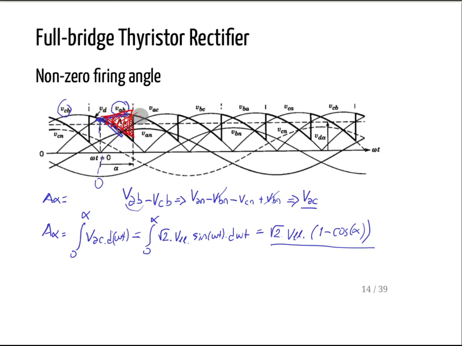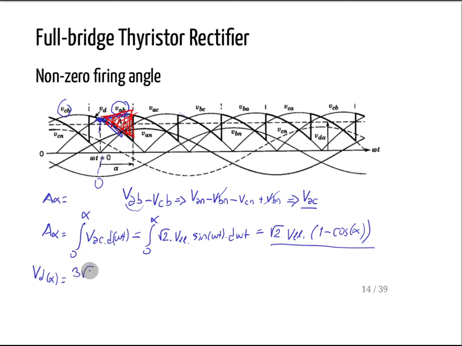So in order to find the average voltage, I need to subtract from the original diode voltage waveform that value. And actually, if you remember VD as a function of alpha, so what was the original diode rectifier case? Again, you can calculate it using the integral, or you can just check your old notes.